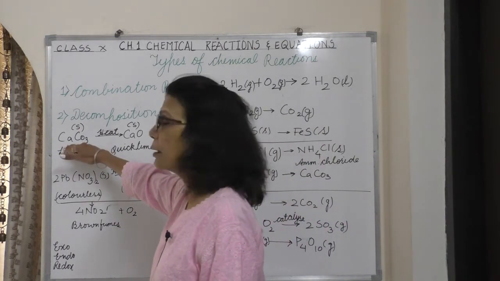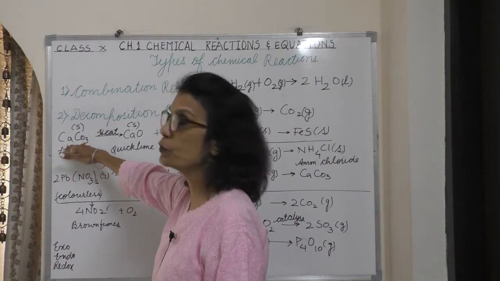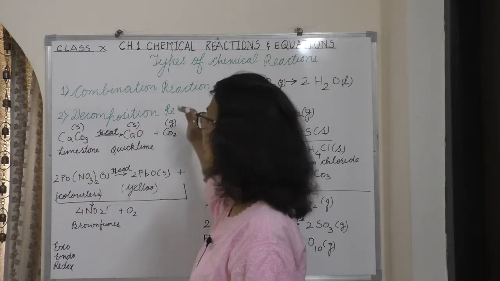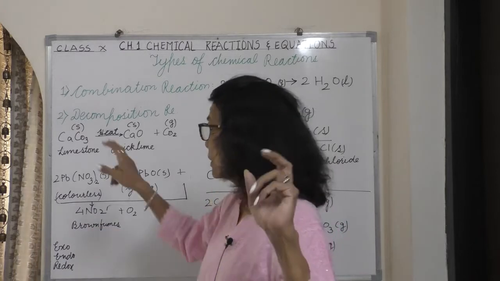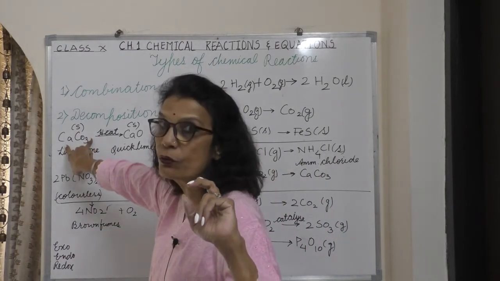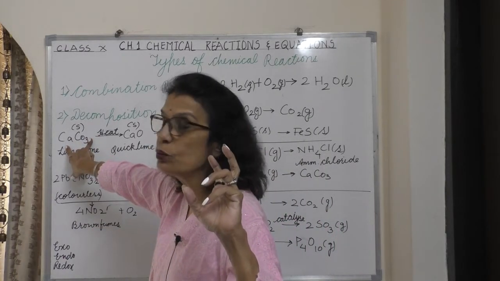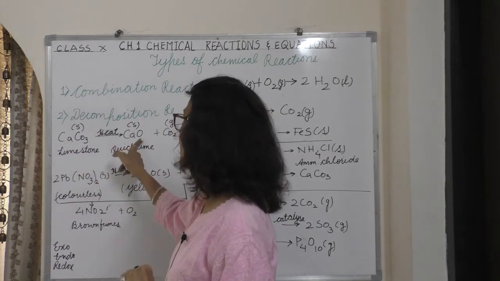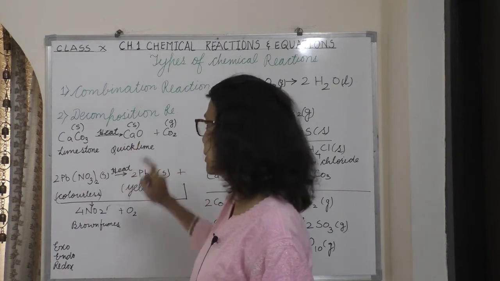Here calcium carbonate is solid, calcium oxide is solid, and you will get a gas. So here there are two components made from calcium carbonate. When it is breaking you will get calcium oxide and carbon dioxide.